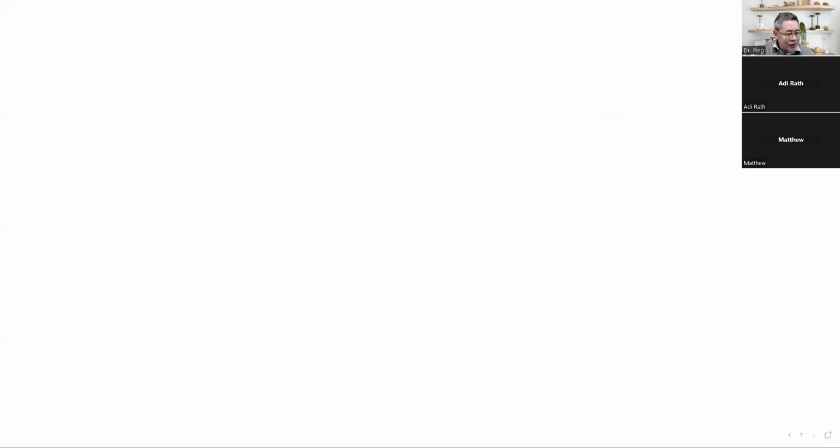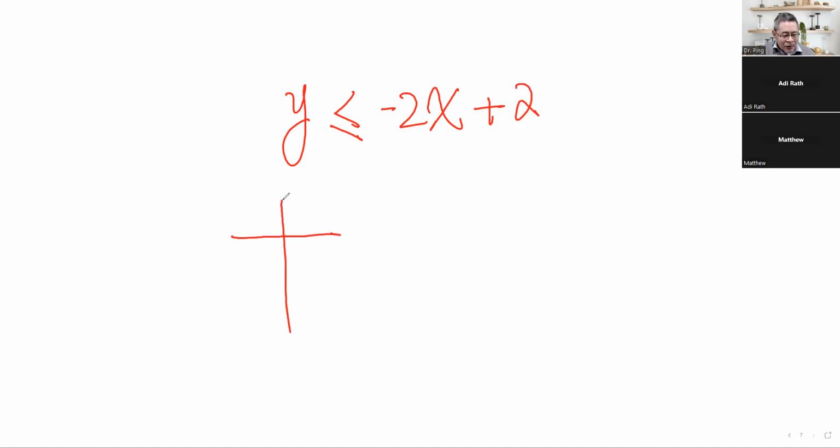I'm going to show you another example. So we could have y less than or equal to negative 2x plus 2. Okay, the same thing, we need to draw this line, y equals negative 2x plus 2.